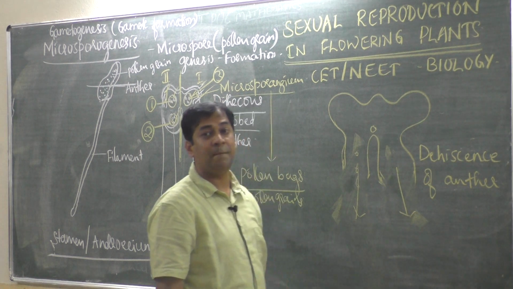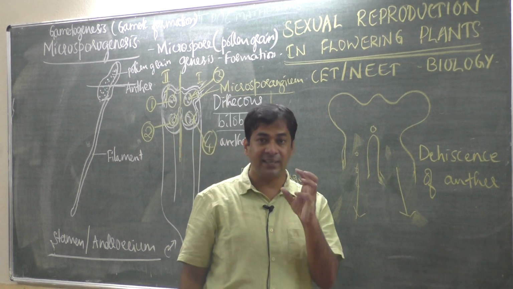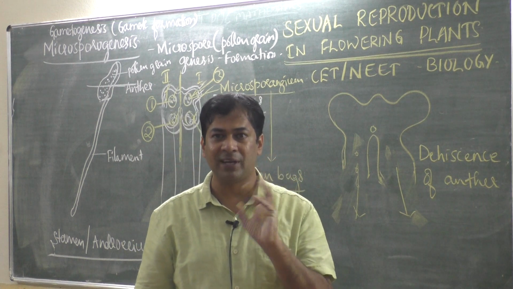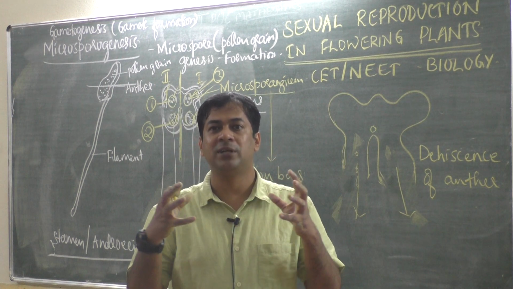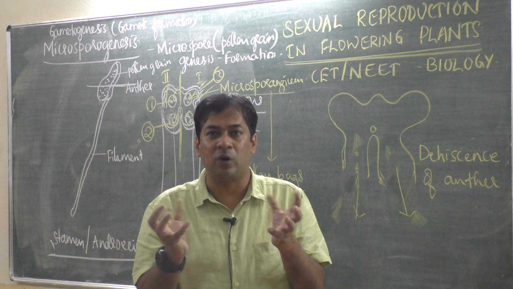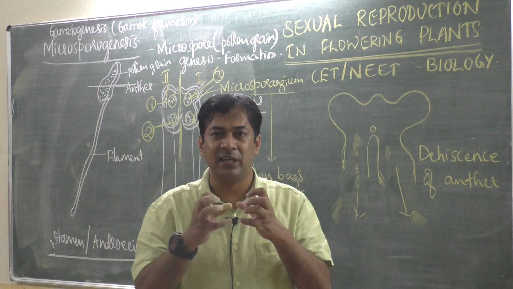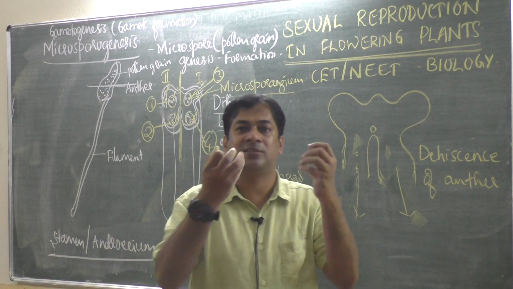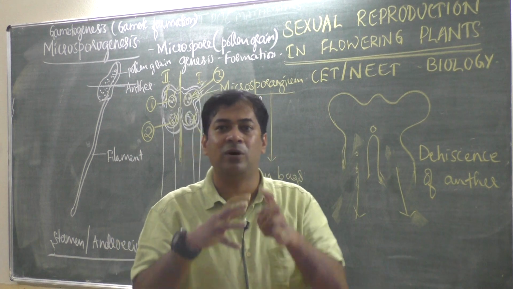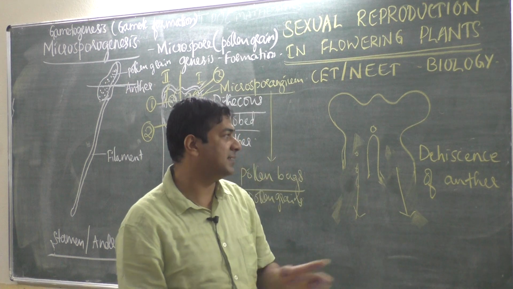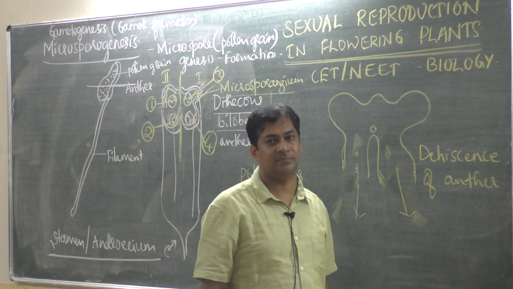That is possible only in a mature anther. When the anther is young, it will not be dry. When it grows, becomes bigger and matures, the wall becomes dry and loses water, and when the wall becomes dry, it breaks open and all the pollen grains are released. That release of pollen grains, or breaking of the anther wall, is called dehiscence of the anther.